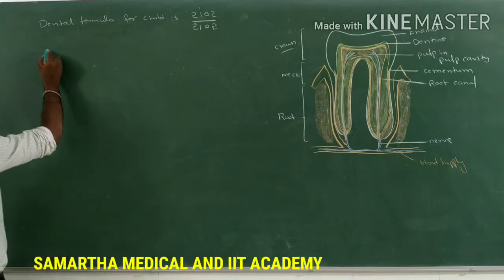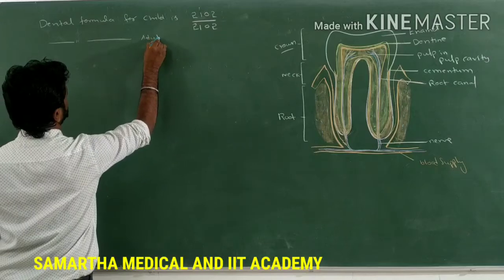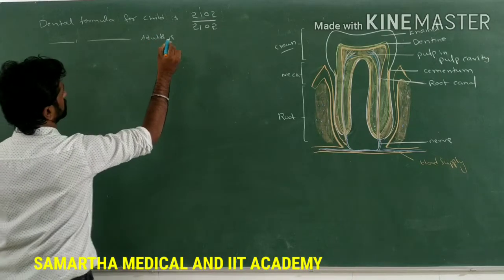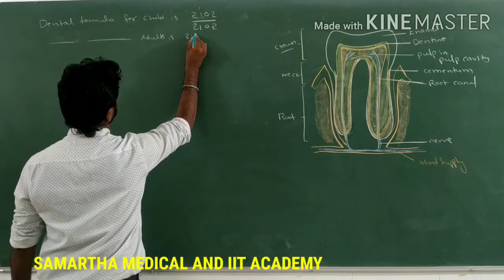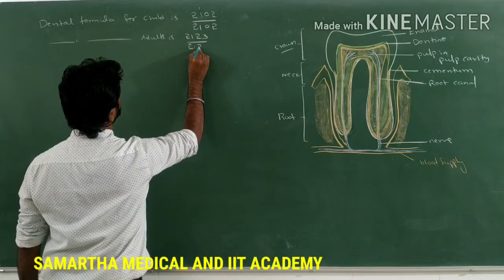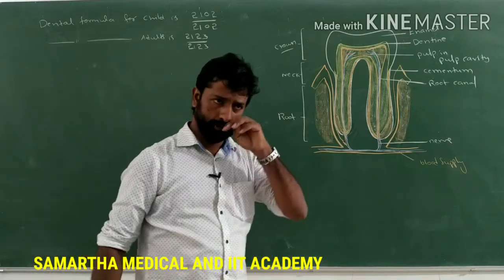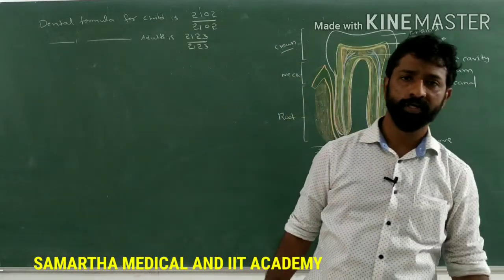Similarly, what is the dental formula for the adults? That is 2123 by 2123. So here we have the dental formula for the child as well as the adult.